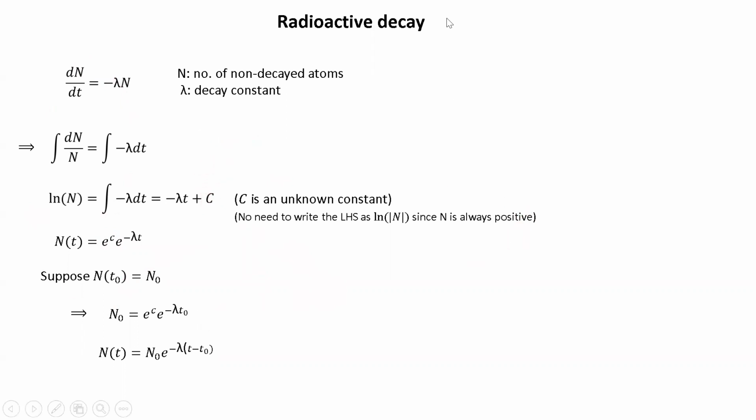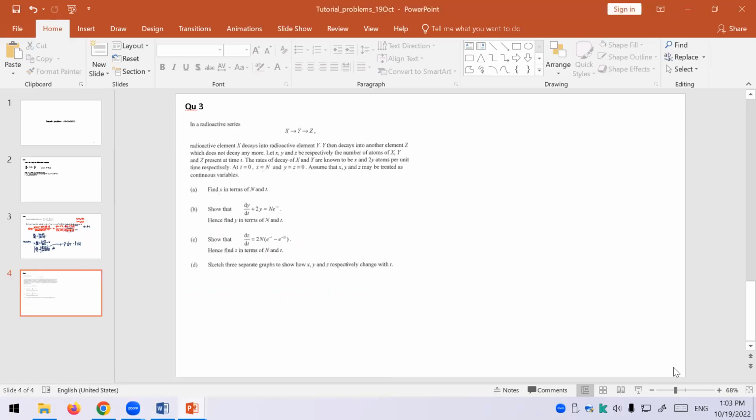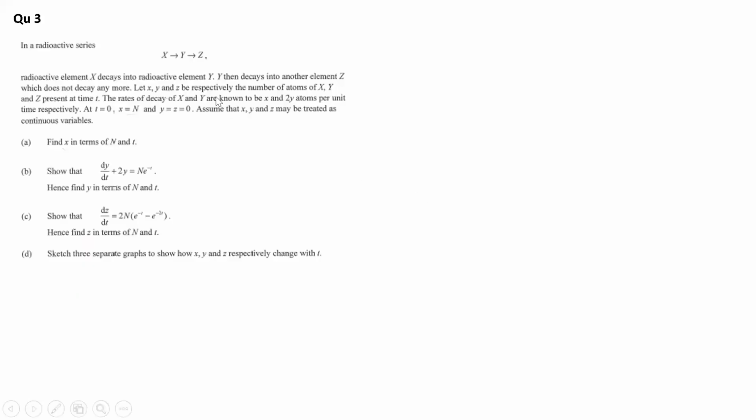Here in the tutorial problem, I give you a slightly more complicated situation: a radioactive series. You could imagine initially we have all undecayed atoms X. Over time, it will decay to another element Y. However, this Y is also not stable yet, and it will further decay to Z, the final product, which is stable.